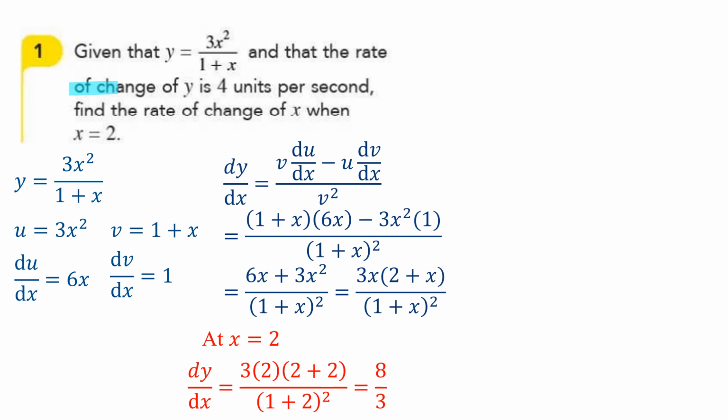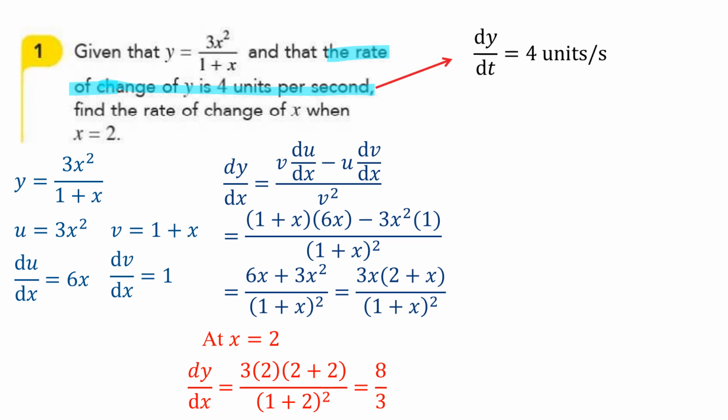So these are the preliminary steps that we need to do before we go on to officially find the connected rate of change. Keep the value first, and then the next thing is what do we mean by the rate of change of y is 4 units per second? It means dy/dt is equal to 4 units per second.